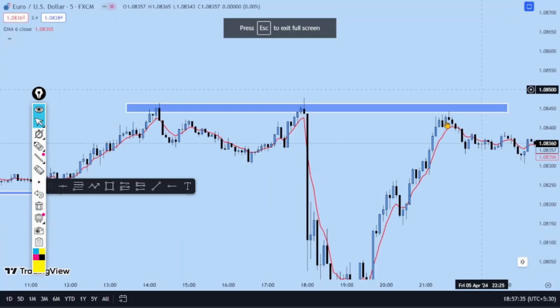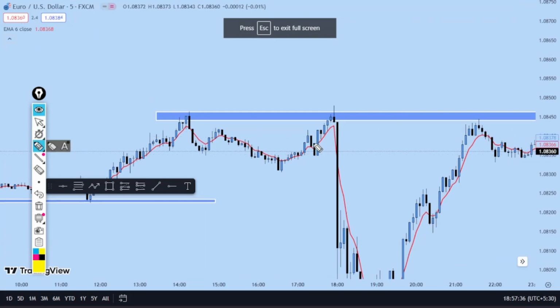Yeah, so you can see over here, as the price comes over here, we can see a 5-minute candle, this is the 5-minute time frame, which is not touching the EMA line. This red one is the EMA line, and here is our entry and here is our stop loss. So as soon as the low of this candle is broken, we can take the trade and put our SL over here at the top.